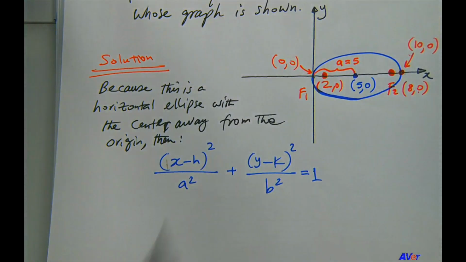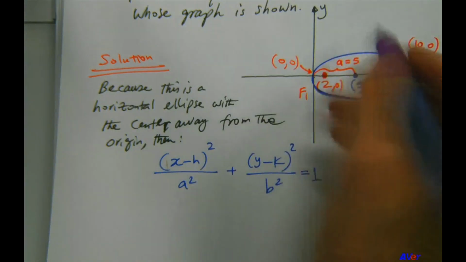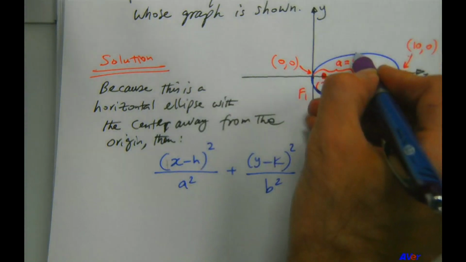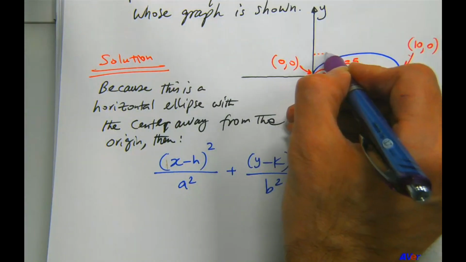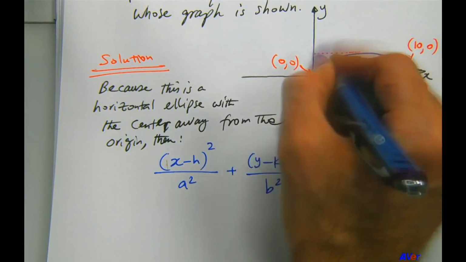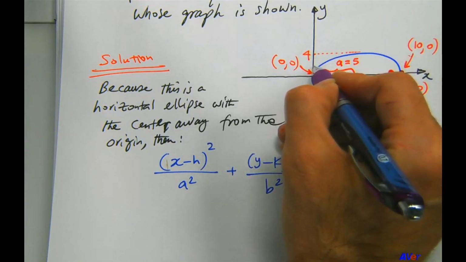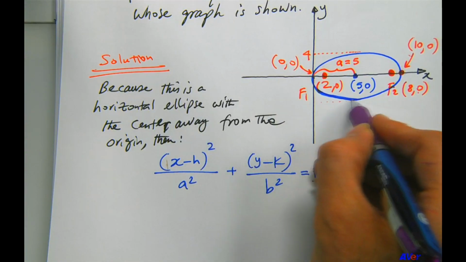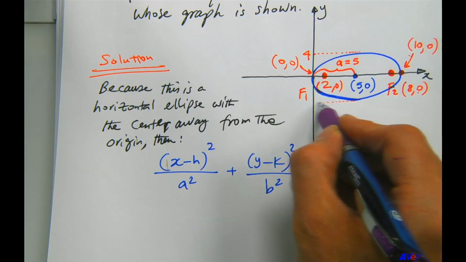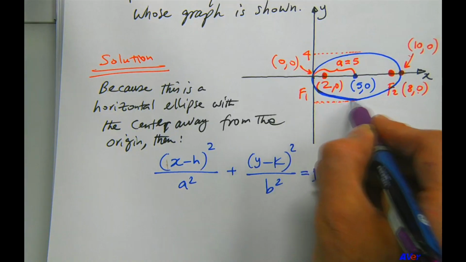Oh, one piece of information that I didn't draw yet. We are told that from here, the top of the ellipse, is 4, and this is at -4. That's also given to us.